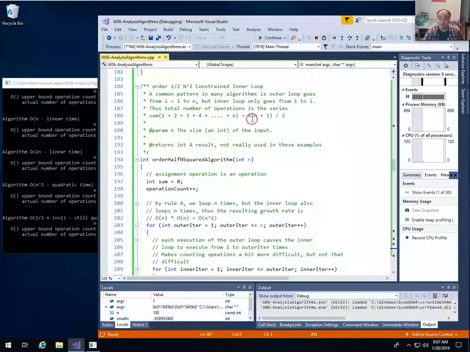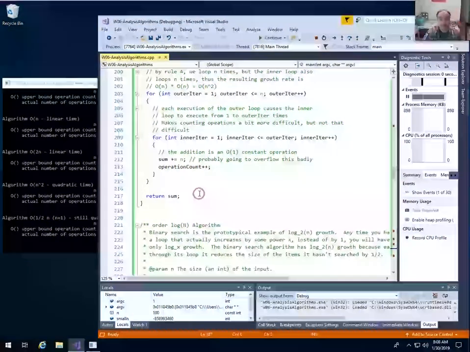The top is n squared plus n, so it's 1/2 times n squared plus 1/2 times n. And then by rule 3, you can ignore the 1/2 times n. That's a slower growth rate than the n squared. And by rule 2, you can ignore the multiplicative constant of 1/2. So even though this is 1/2 times n squared, the big O, the growth rate in terms of how it's going to grow with a change in your input size, is n squared still.